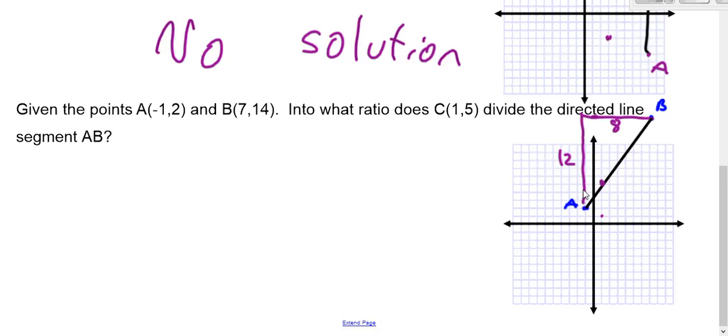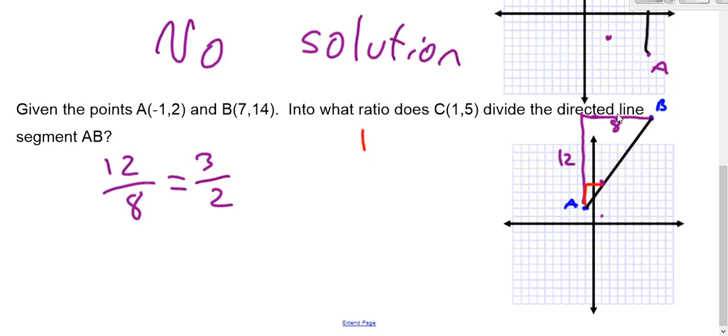So we know that the slope to get from A to B is up 12 over 8, which you can reduce, divide by 4, divide by 4, to 3 over 2. We just have to look at how many times that slope is done to get from A to C and then from C to B. So to get from A to C, we go up 3 over 2 one time.